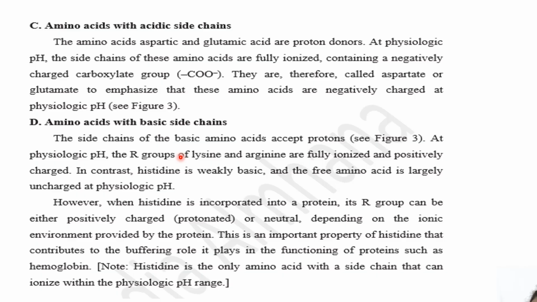So at pH 7.4 it is deprotonated, negative charge. Glutamic acid side chain has a carboxylic acid group, pKa 4.1. So at pH 7.4 it is deprotonated, negative charge. So these two are the acidic amino acids and they carry net negative charge in their side chains at physiological pH.